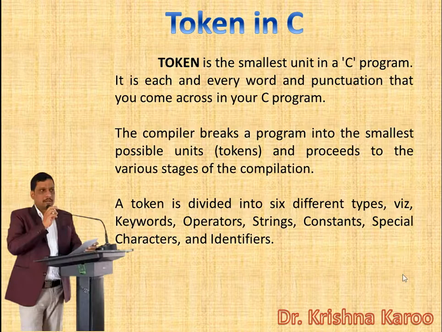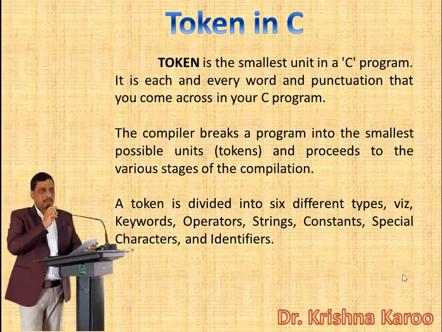So, what is a token? A token is the smallest unit in a C program. It is each and every word and punctuation mark that you come across in your C program.